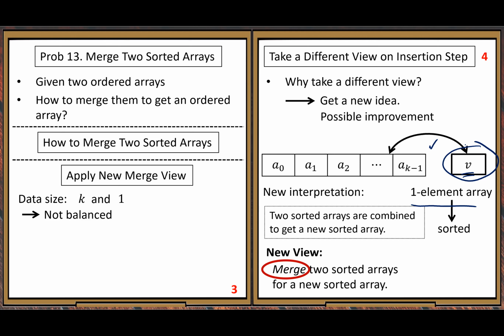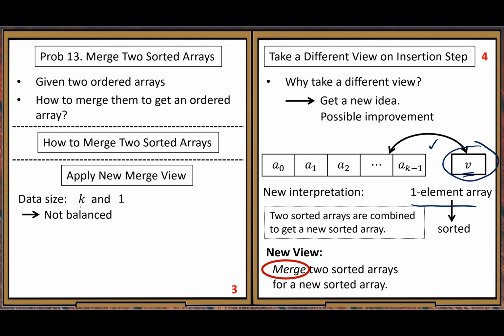Remember the balancing principle I talked about before. When we studied binary search, we observed this balancing principle: if we make data distribution as even as possible, we will get better performance.